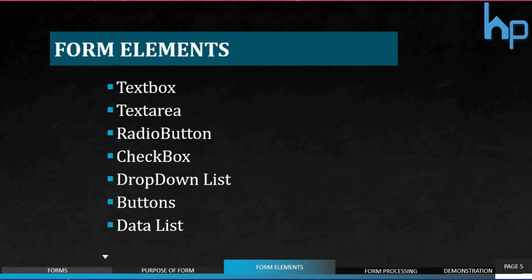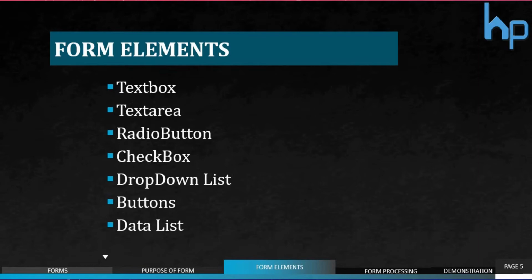And a data list can be used in a scenario like this: if the user is pressing some letters like L, M or any other letter, immediately the options should be displayed to the user. For example, if we are using a data list for a country field, and I am typing the letter I, immediately the form should suggest countries such as Italy, India, Indonesia, like this, right?